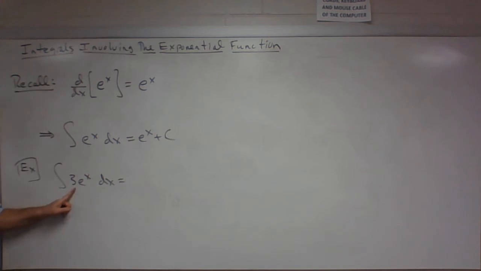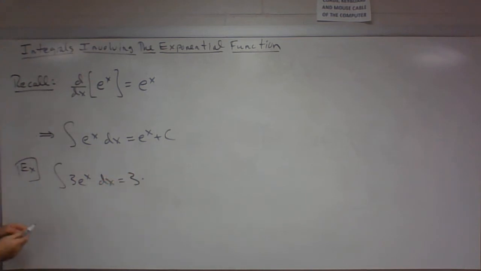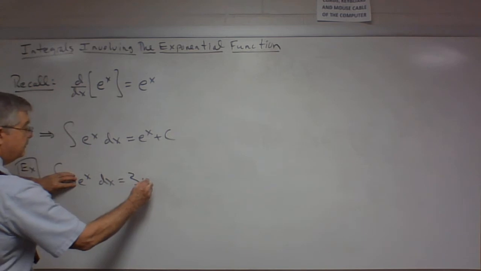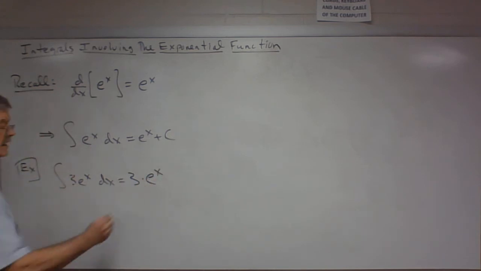Here we're integrating a constant times a function. And the way we integrate a constant times any function, we write down the constant, and then we ignore the constant and compute the antiderivative of the function. And then we multiply them together.